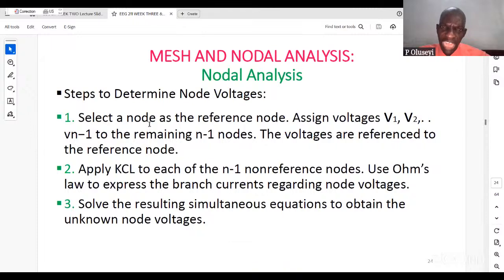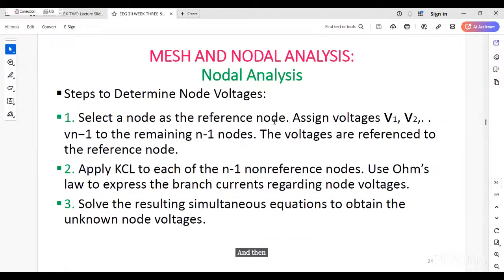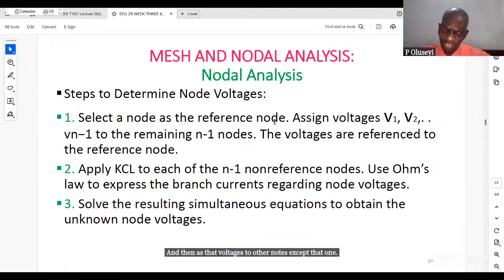So the rules that apply to nodal analysis: to determine the node voltage, you select a node as the reference node. You must always have a reference node and then assign voltages to the other nodes except that one, that is the reference node.